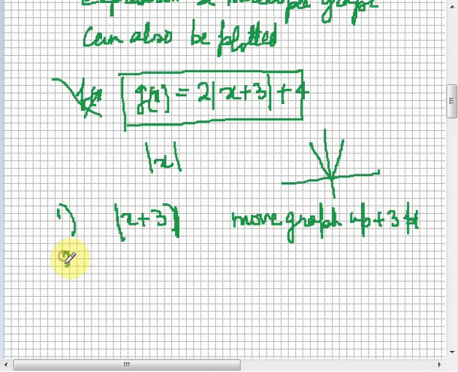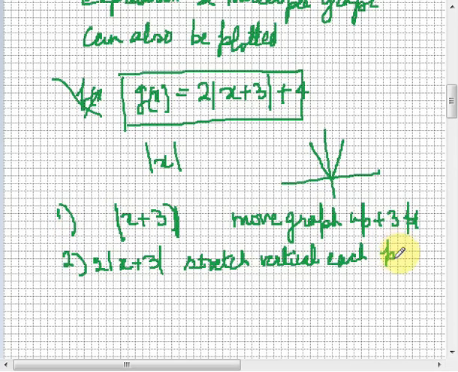Then what will be the graph of 2 mod x plus 3? Tell me. It will be a vertical stretch of each point by 2, right?